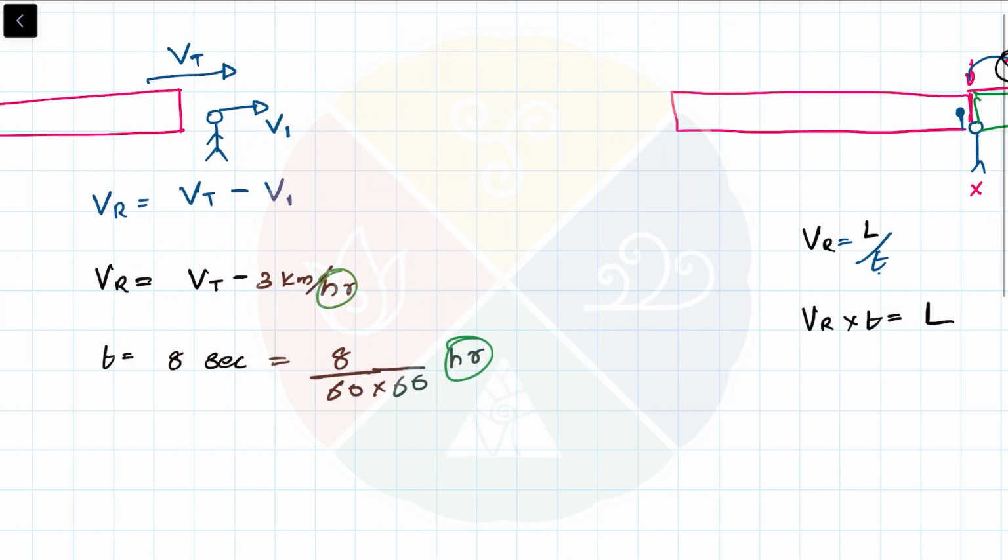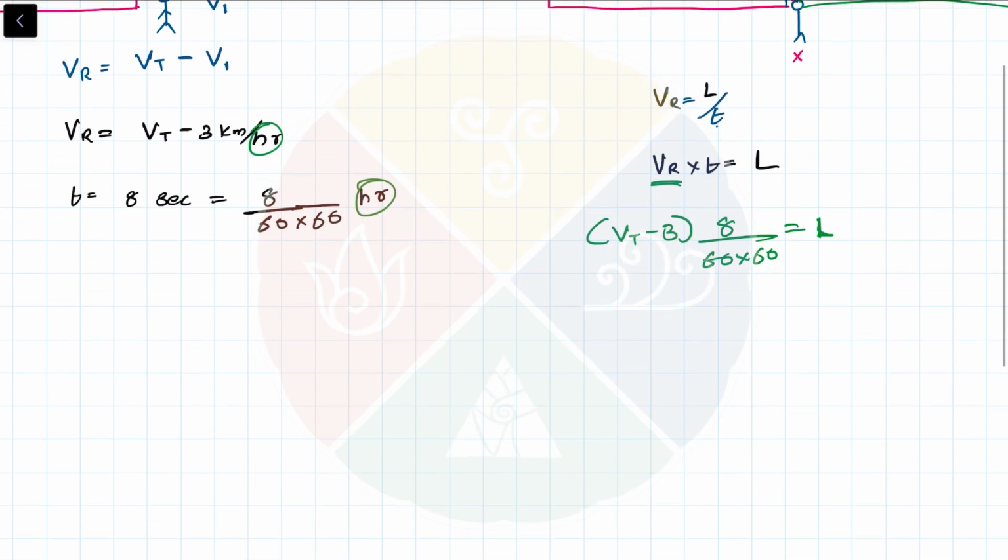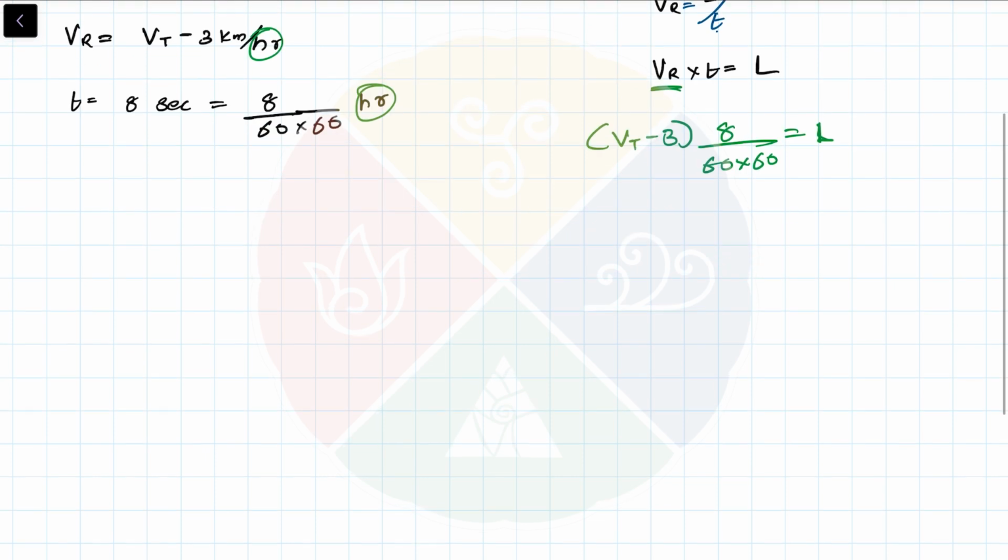So applying that, the relative velocity will be Vt minus 3, time will be 8 by 60 into 60, and this is the length of the train. Same equation once more with the second person.